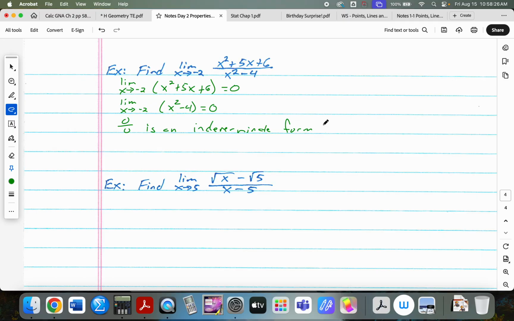Which means you have no idea what the number is. It could be anything. And the reason why is we actually have 3 mathematical rules competing.